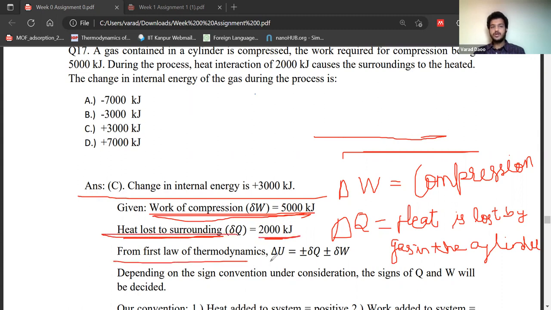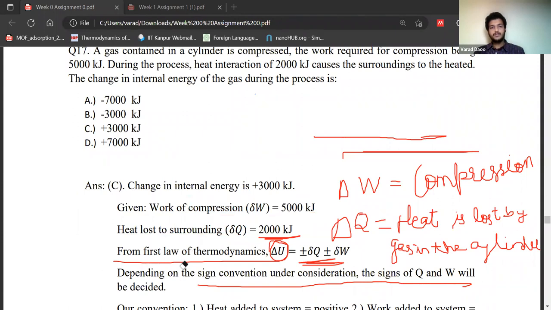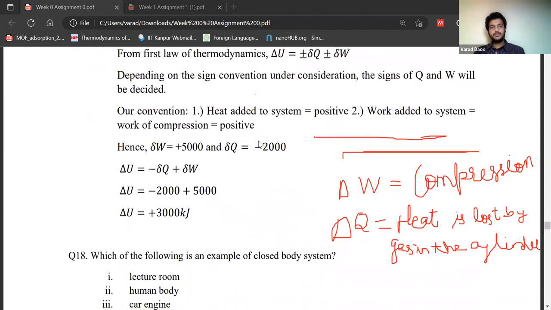So from first law, you can either use delta U or delta E, anything is fine, is equal to plus minus delta Q plus minus delta W. Depending on the sign convention under consideration, the signs of Q and W will be decided. So let us go down.